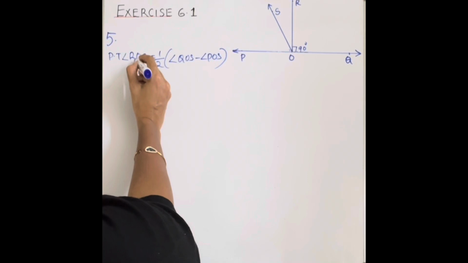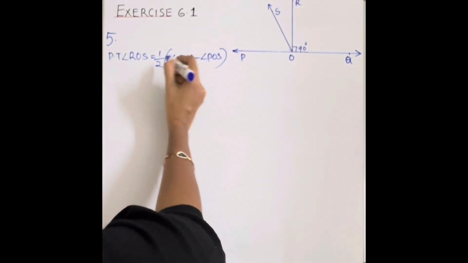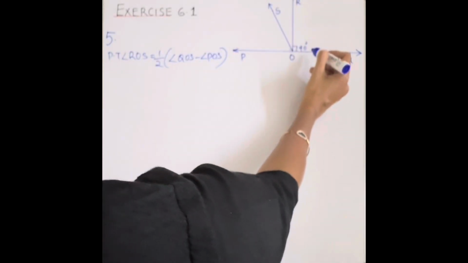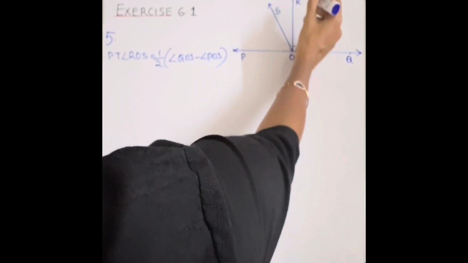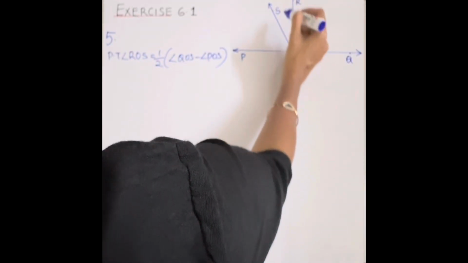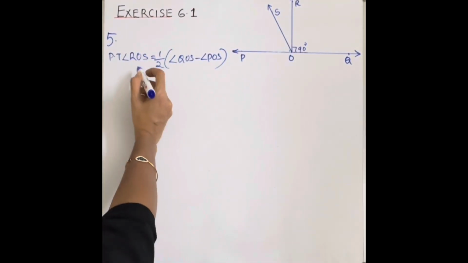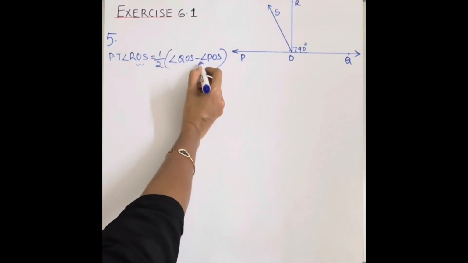We have to prove angle ROS is equal to half of angle QOS minus angle POS. For solving questions like this, we have to see what is the LHS and the RHS.